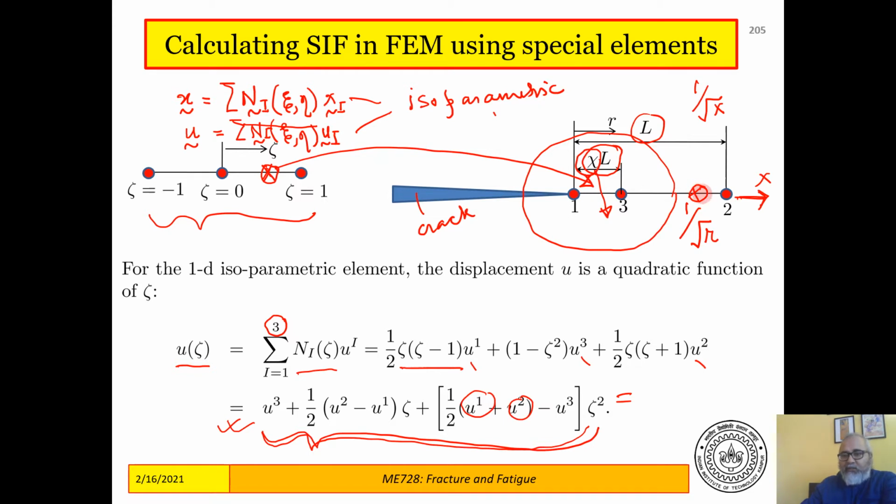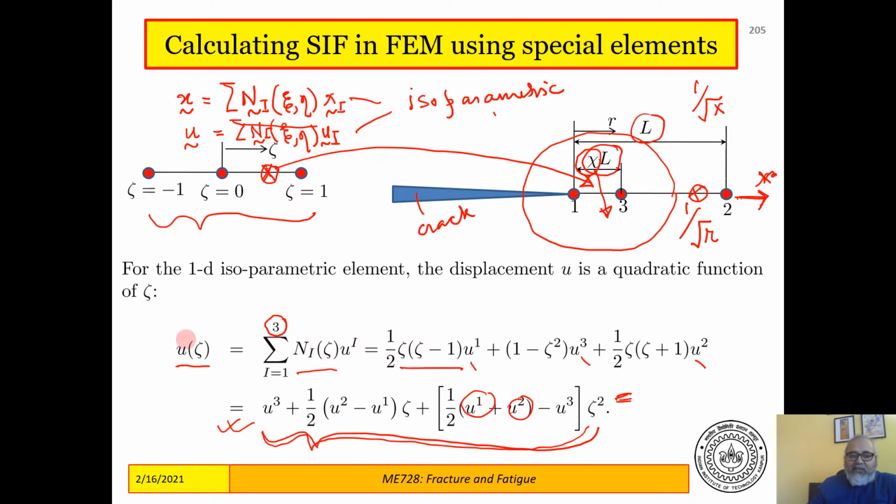So the position vector of this point, we are calling this r, would also be given by the same approximation, because in the isoparametric formulation, the position and the displacement are subjected to the same interpolation functions.